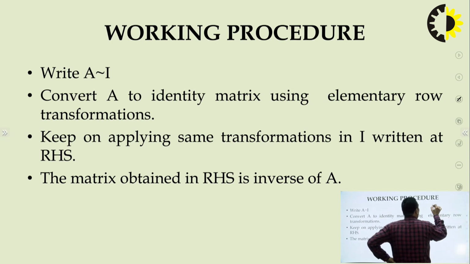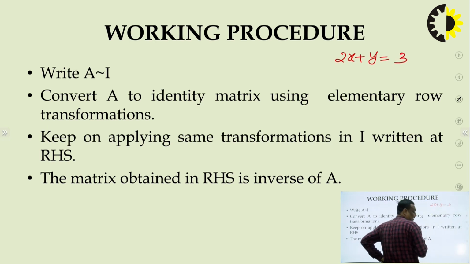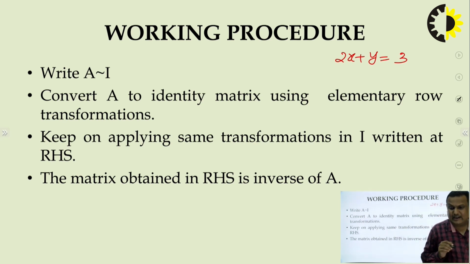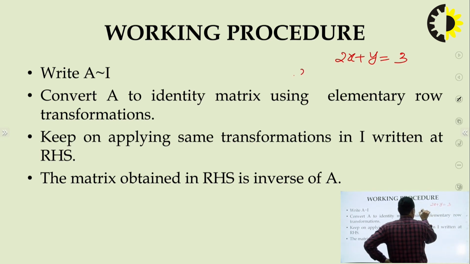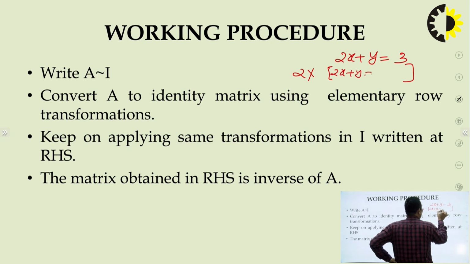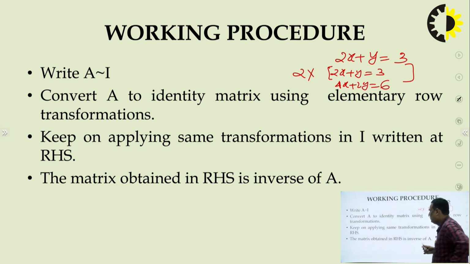As you have seen in earlier classes, if in one example I have taken 3, and we multiply by 2, then 2 is applied on the right hand side as well as the left hand side. So 2x plus y equal to 3 means 4x plus 2y equal to 6. So keep on applying the same transformation to I written at the RHS. Whatever you do on the left side you have to do on the RHS. As we keep doing this, when we get I on the left hand side, automatically A inverse will be obtained on the right side. The matrix obtained on the right hand side is the inverse of A.